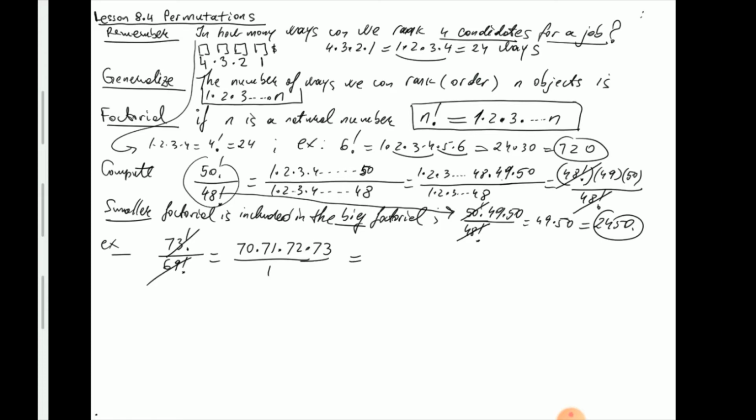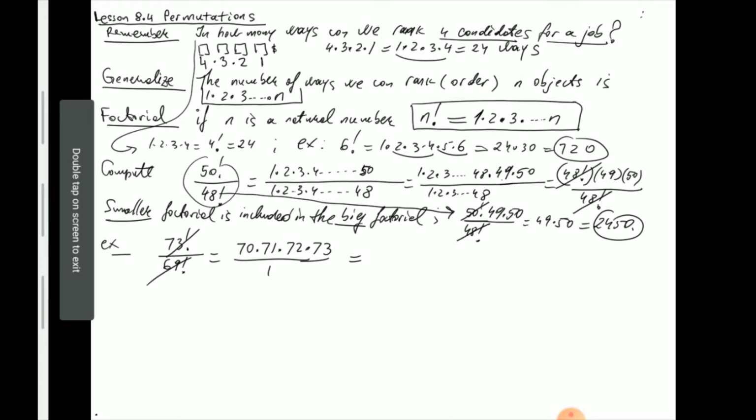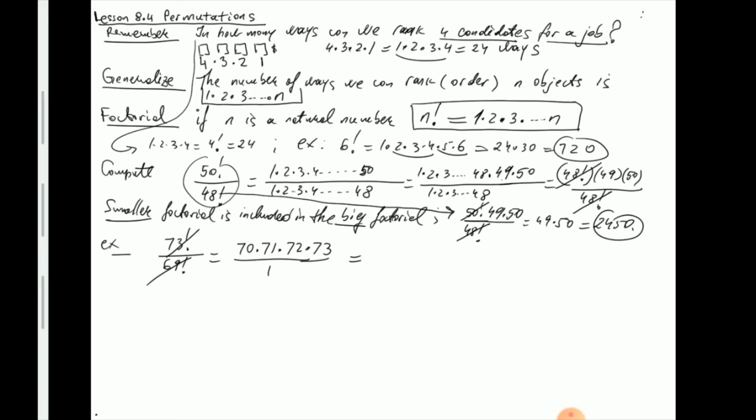So you see, even in these cases, you still have sometimes a big computation to do. Let's see, 70 times 71, I think I tapped accidentally the screen, times 72. I don't like to use big numbers anyway, but I just want to make the point. And then times 73.